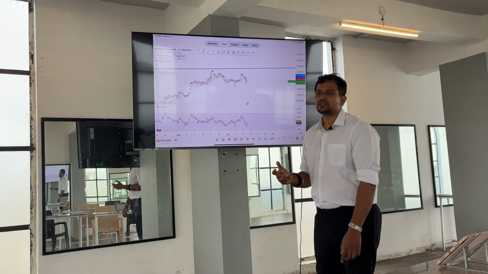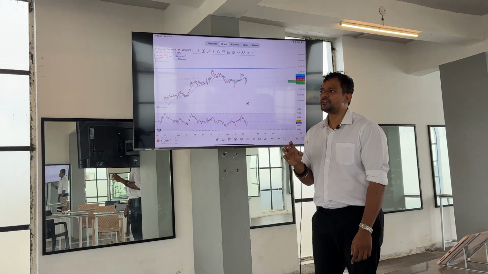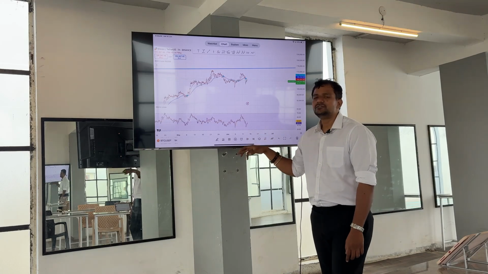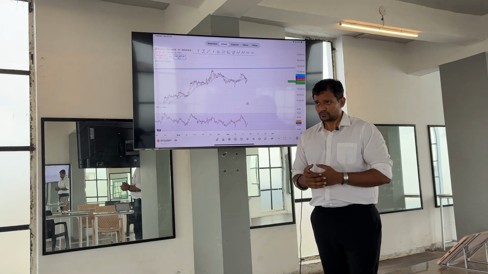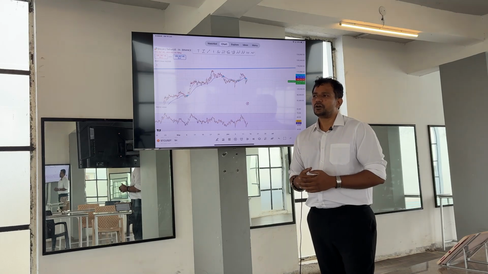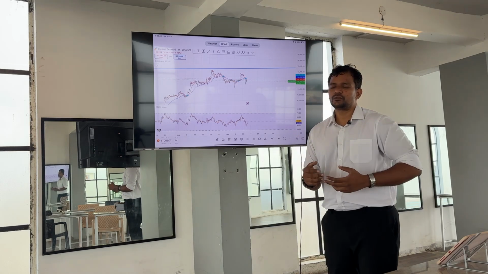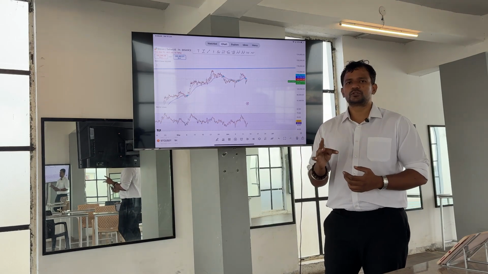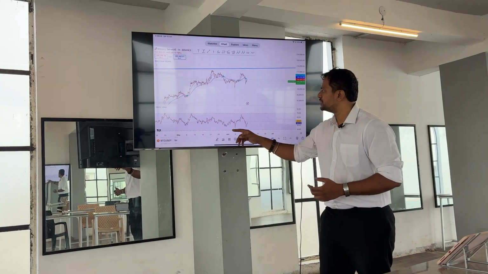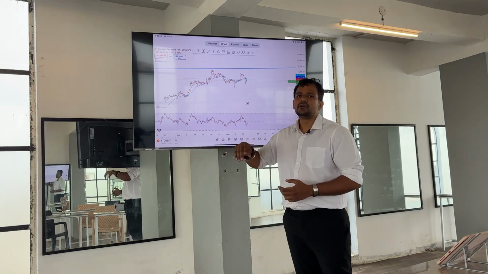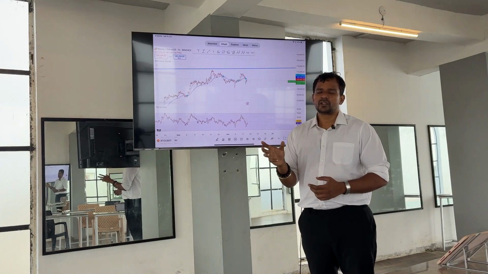So one way to understand relative strength is, whenever supply is at its peak, demand might see that the market got oversold. We have to understand two words: one is oversold, one is overbought. When demand is at its peak, we can assume that the market is overbought.